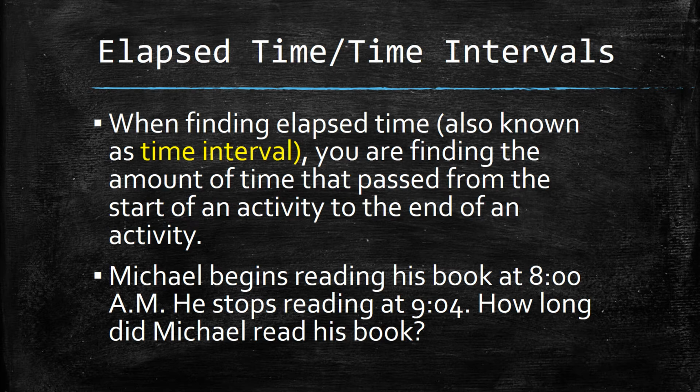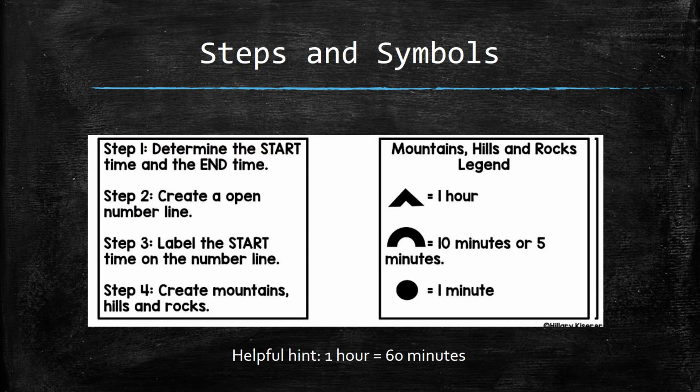Michael begins reading his book at 8 o'clock a.m., which means in the morning, right? He stops reading at 9:04 in the morning. How long did Michael read? So we have the beginning time and the end time. So in between is the time interval, or the elapsed time.